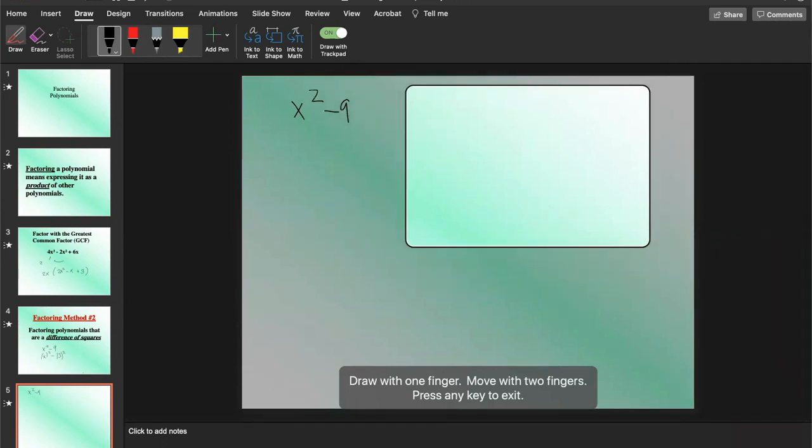So if we hypothetically have a minus b, and then times a plus b, right? Let's multiply this out using the FOIL method. We multiply the first terms together and we get a squared.